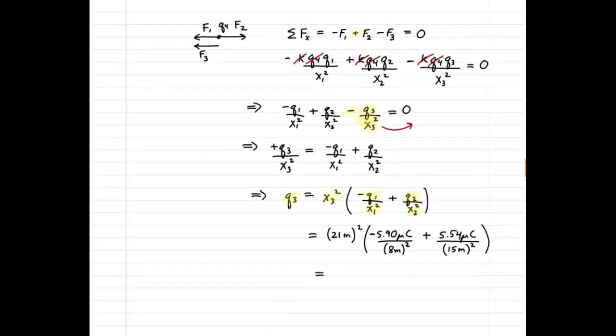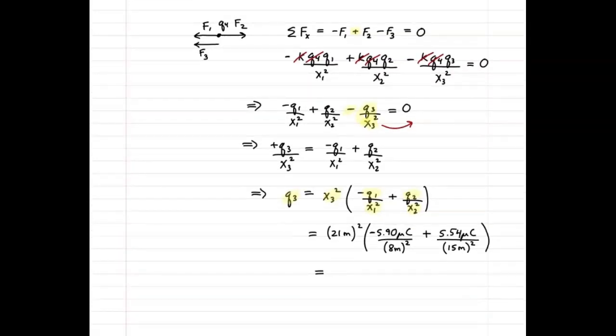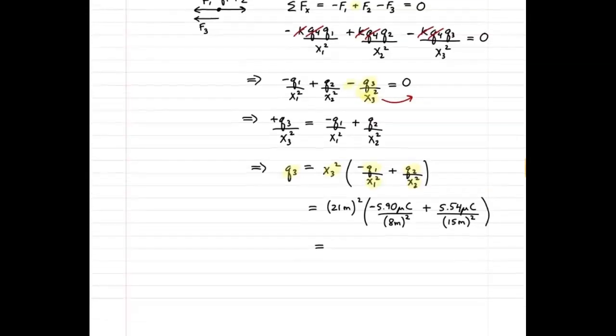So I'm going to remind you again, we don't have to convert the microcoulombs into 10 to minus 6 coulombs. We can keep it the way it is, because then when these meters cancel, the meter squareds cancel, the units will be in microcoulombs, which will be a perfectly legitimate unit for Q3. So if you punch this in, you'll get minus 29.8 microcoulombs, and we can box our answers.